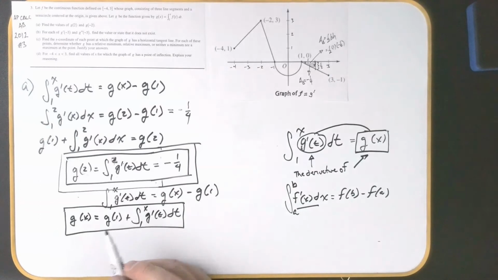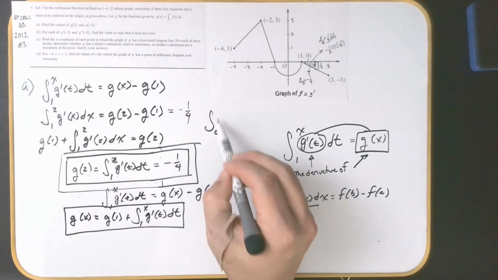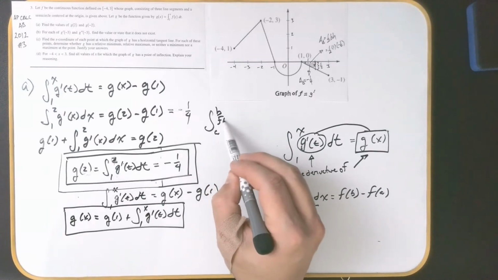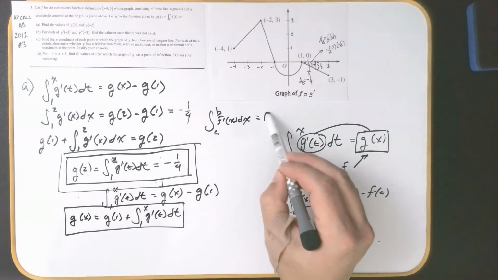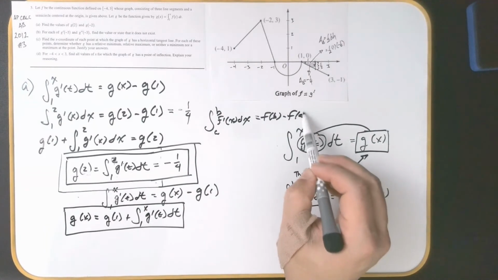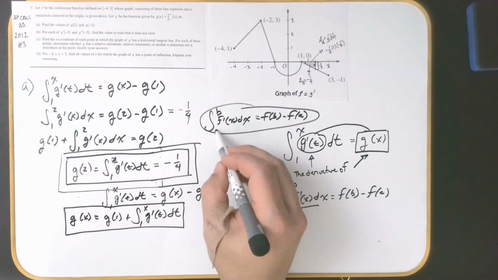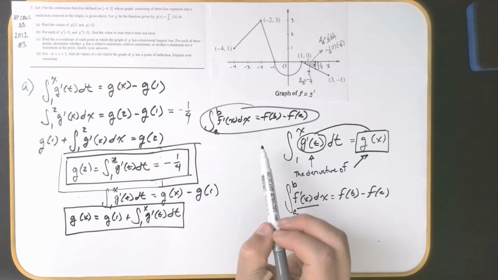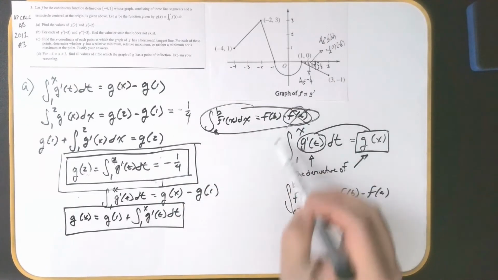The curveball was, for every kid that was thinking, I'm going to do the fundamental theorem from A to B, and I'm going to integrate f prime of x dx, and I'm going to get f of B minus f of A. Every kid that was thinking this, unless you've seen this question, you weren't prepared for the fact that they defined it so that this value was going to be 0.